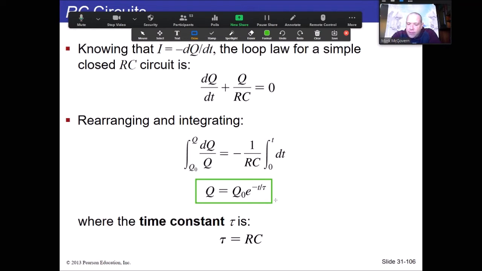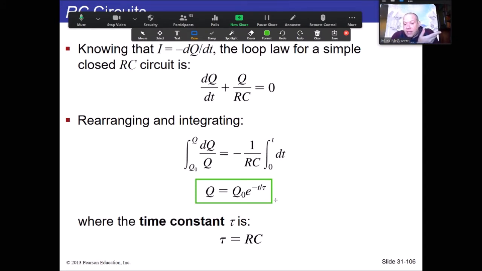I'll explain it as we move on and do some examples, but I'll just say real fast. When you work out what your time constant is, say your time constant comes out to be a millisecond.